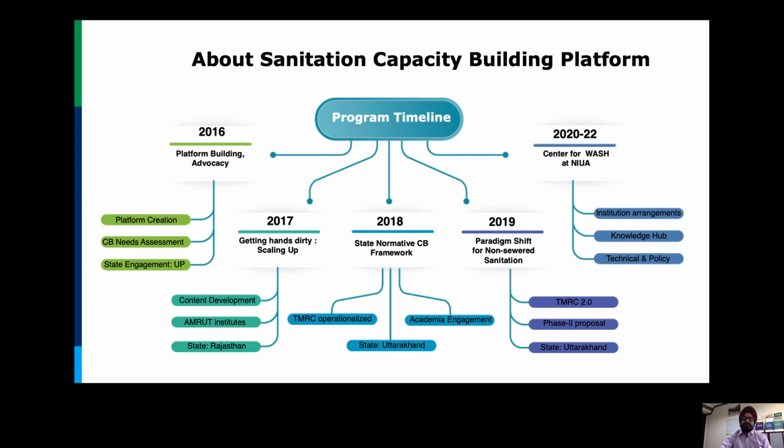In the coming two years, we will be focusing on establishing a Center for Water and Sanitation at NIUA, and also acting as a knowledge hub and working with the government to promote decentralized sanitation.